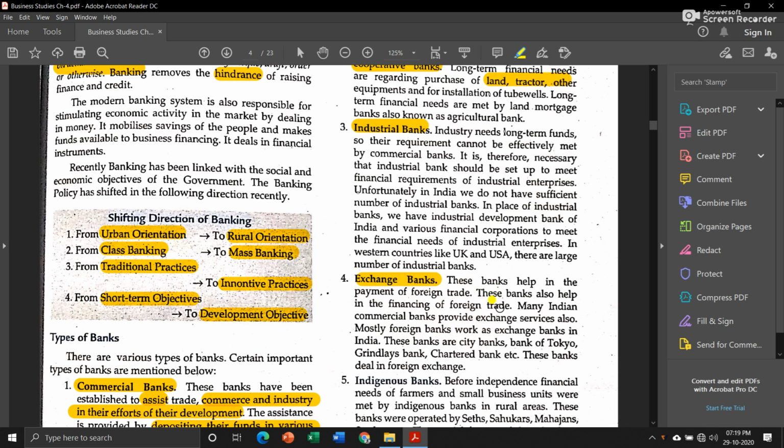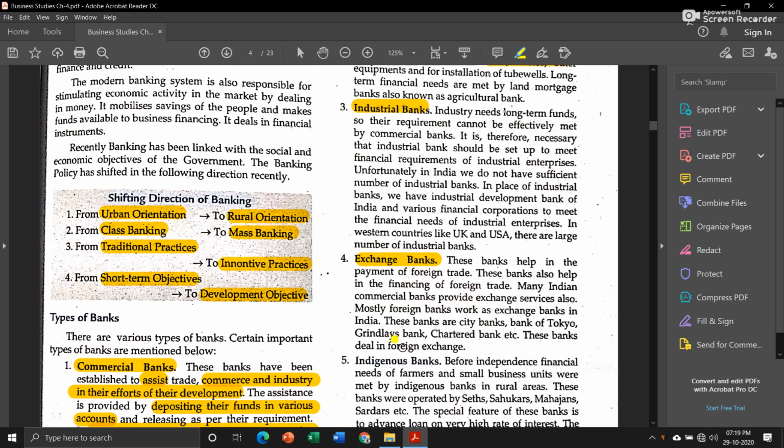Means if you are a businessman and you are dealing internationally, suppose you have a client in USA, then the client of yours will make payment in dollars, but in India we have the rupee system. So exchange banks help in exchanging foreign currencies. Now in India, there are certain banks like Bank of Tokyo, Chartered Bank, etc. These banks deal in foreign exchange, means foreign currency.